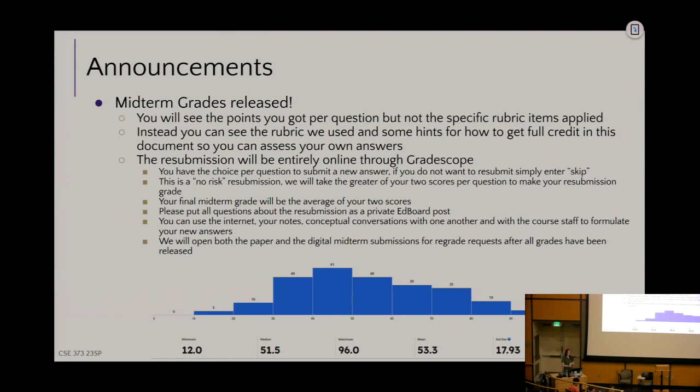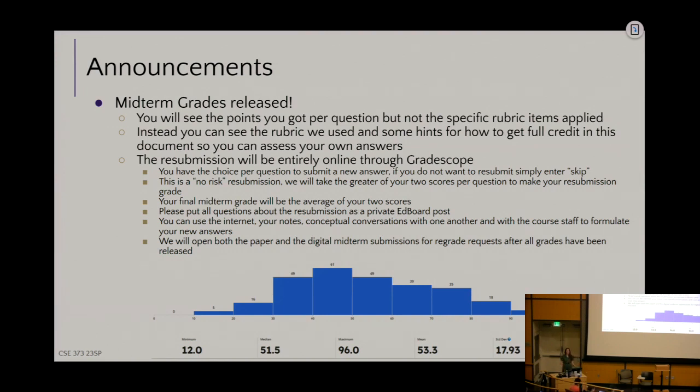You do not have to resubmit every individual question. If you like your score on the original one, you don't want to resubmit it, you just write skip. This is a no-risk resubmission. We will take the greater of your two answers regardless for your secondary score. So you cannot end up with a lower score on the resubmission.